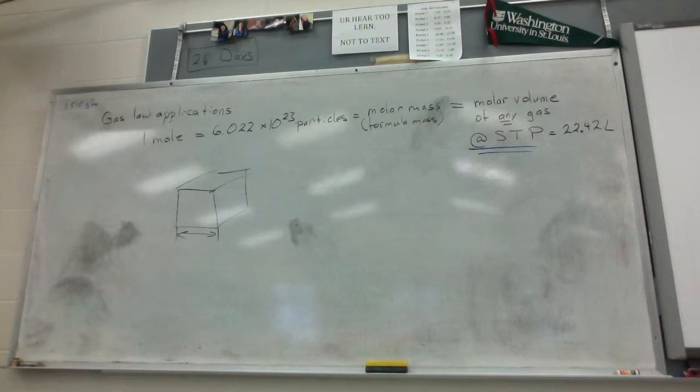You've got to do the cube root. When you do that, you get 2.82, and what is the unit? You just took the cube root of 22.42 liters. Cube root liters. That's a fairly common unit, isn't it?